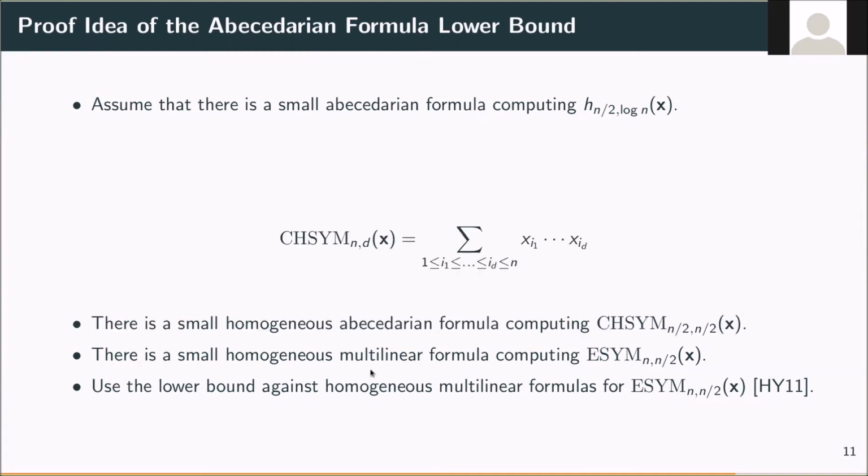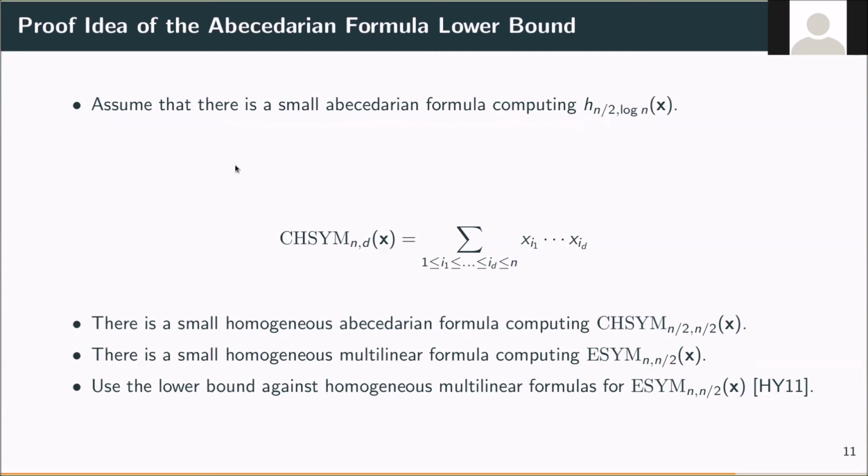It's not hard to see that if we have a small homogeneous abecedarian formula computing CH-sym, n by 2 variate, n by 2 degree, then we will immediately get a small homogeneous multilinear formula computing ESym n by 2. Okay. So yeah, these steps are easy to see.